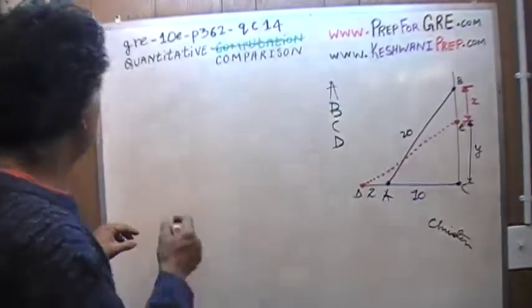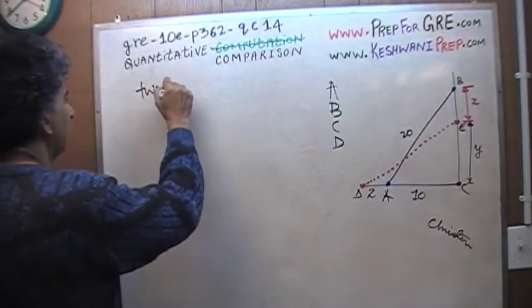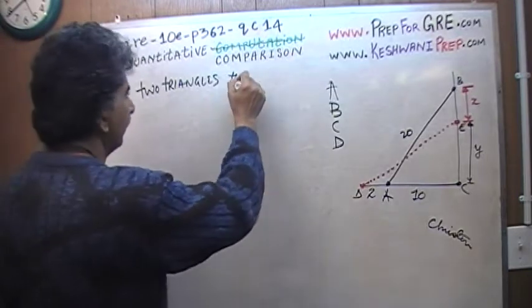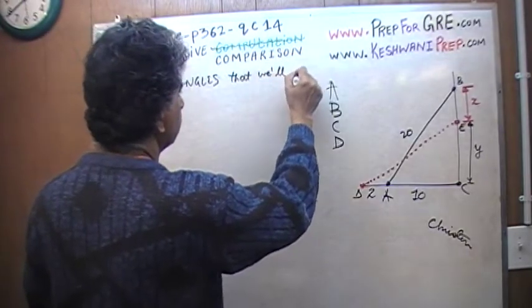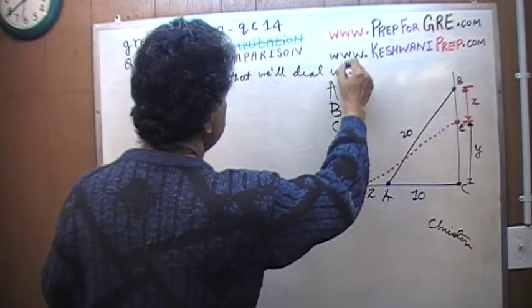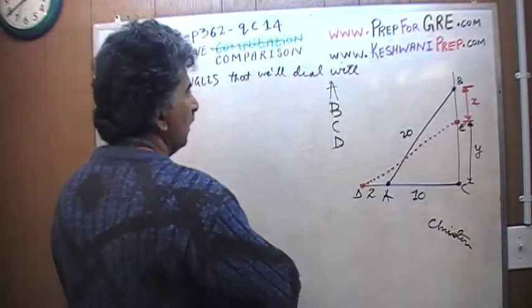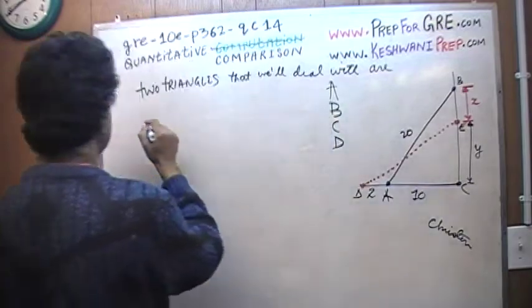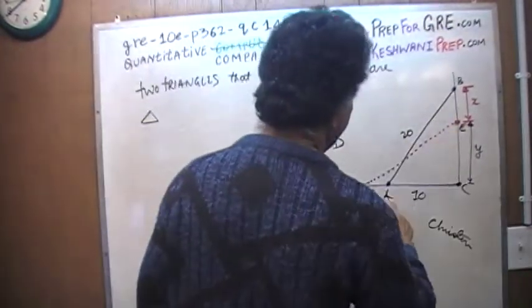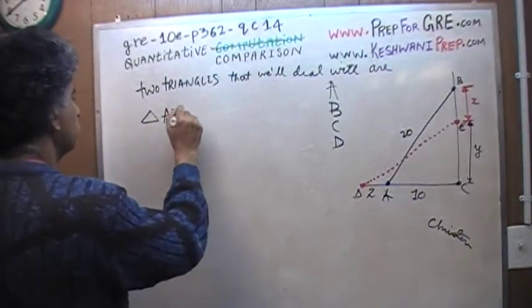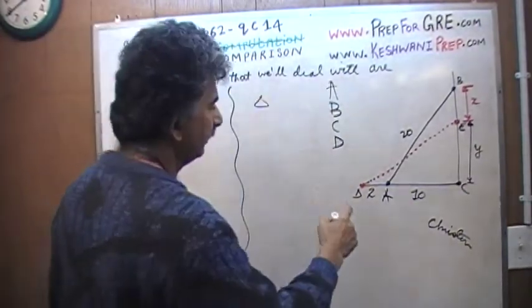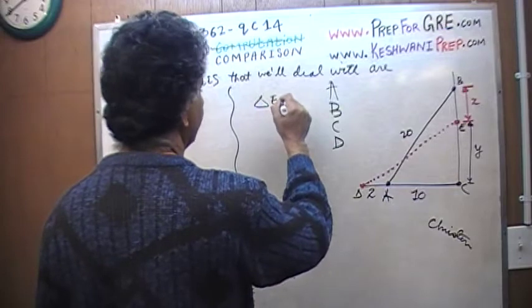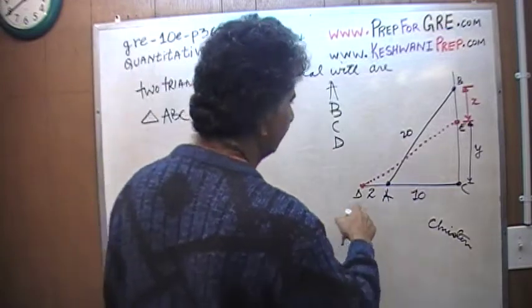By using the two simple triangles that we will deal with, triangle ABC and triangle DEC.